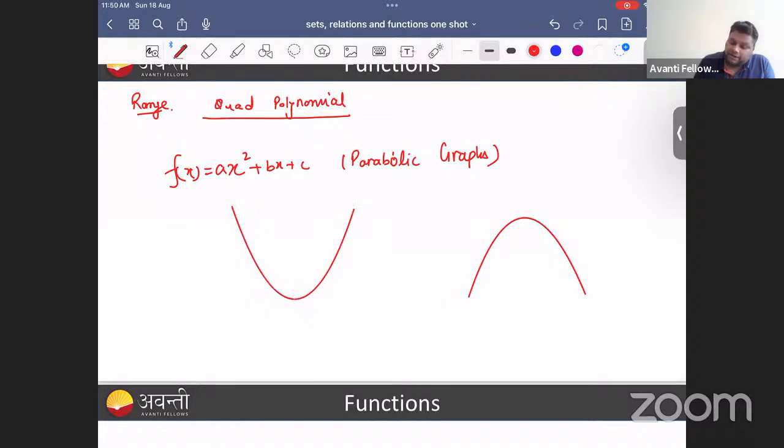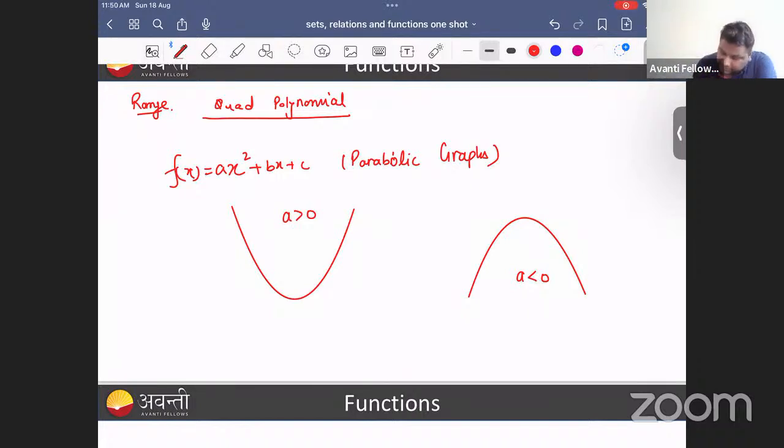That depends on the value of a. So if a is positive, it will be an upward opening parabola. If a is negative, it will be a downward opening parabola. Got it?